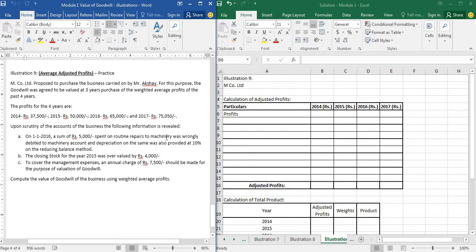That means everyday routine expenditure. However, it was wrongly debited to the machinery account. That means it was shown as a capital expenditure, but it was actually a routine expenditure. So it should have come in the P&L account and it shouldn't have gone to the machinery account. So we have to make that correction and show it in the P&L account.